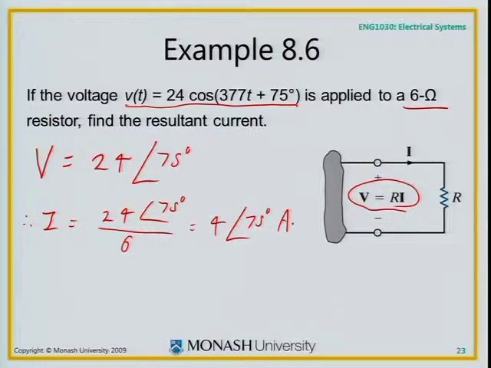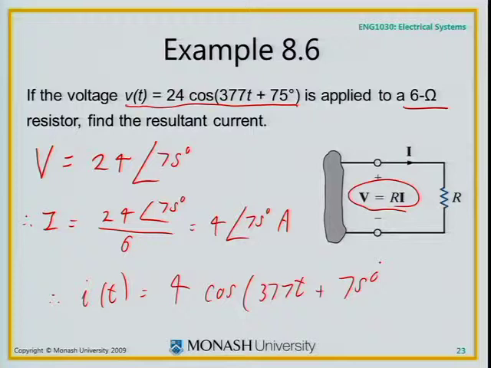So that's my phasor current, but if I want it in the time domain, I do the other conversion. Therefore, in the time domain, i of t will equal 4 cos(377t plus 75 degrees).